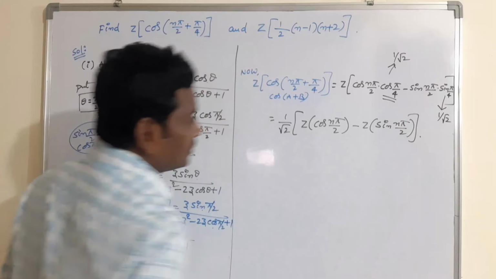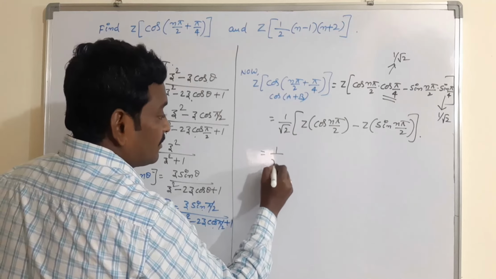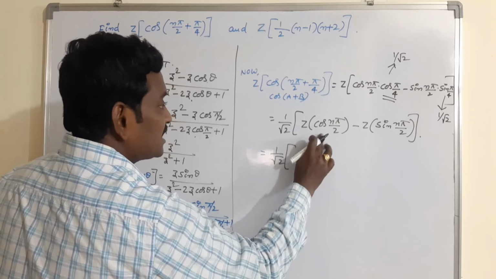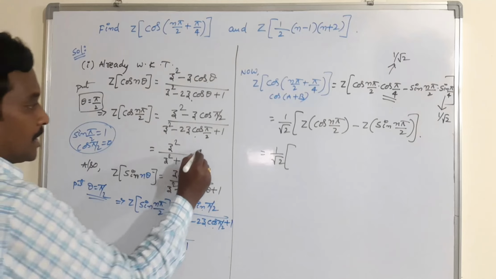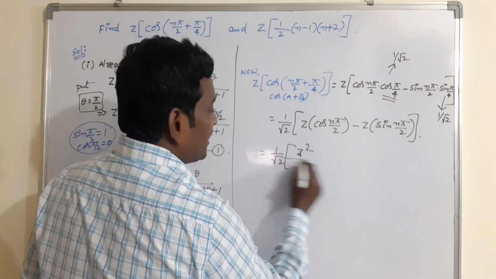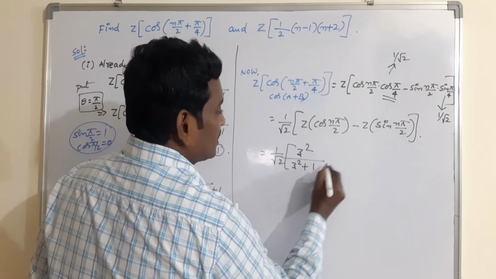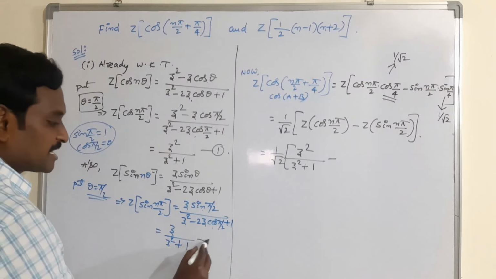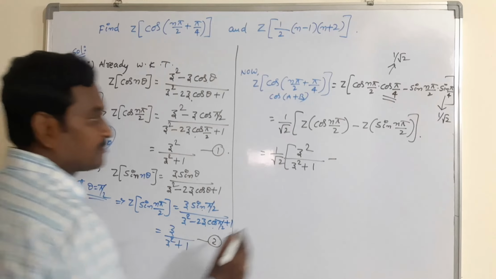Only n is the variable. So 1 by root 2 into what is Z transform of cos n pi by 2? Already we got this value here. So which is Z square by Z square plus 1 minus what is Z transform of sin n pi by 2? Z by Z square plus 1.